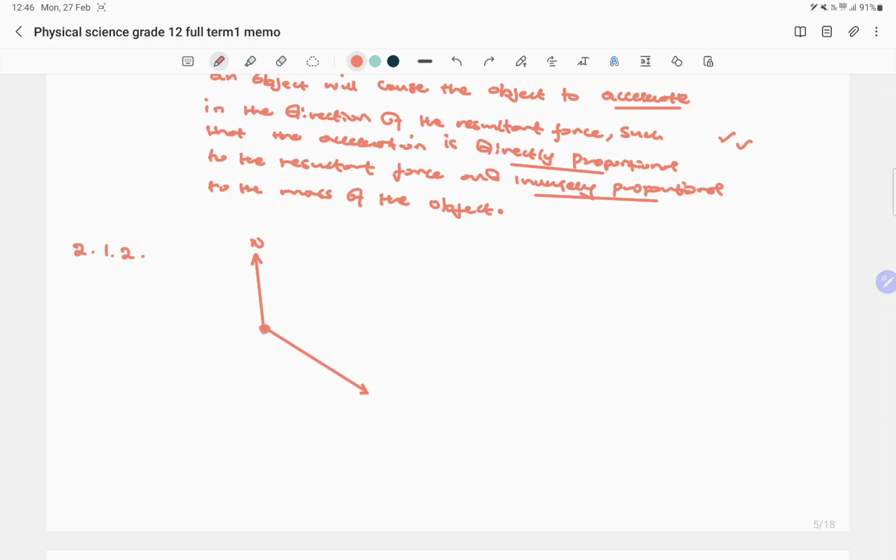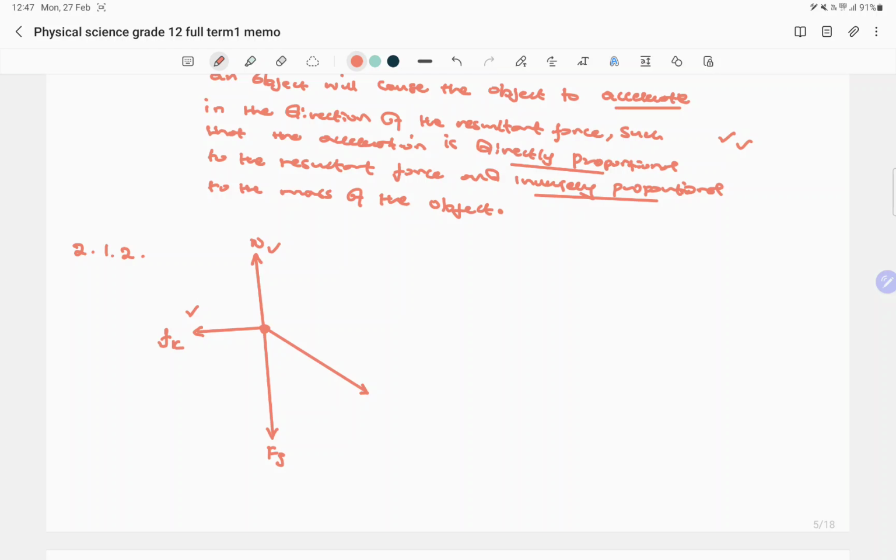It can't really be anything but a straight line here. So we've got our gravitational force here, and then we know that we're going to have our frictional force. Okay, so these are the forces that we need to capture.